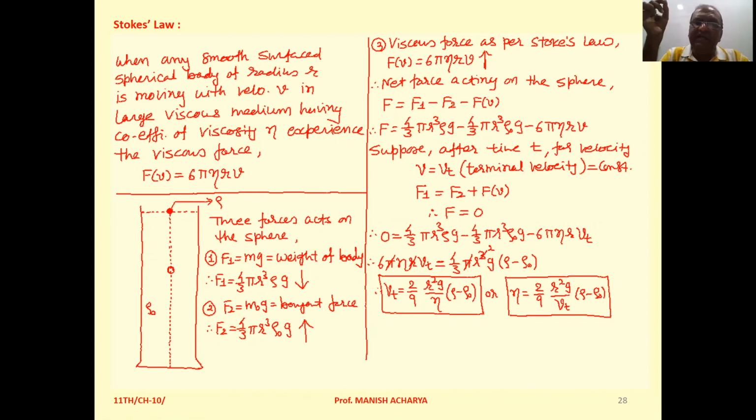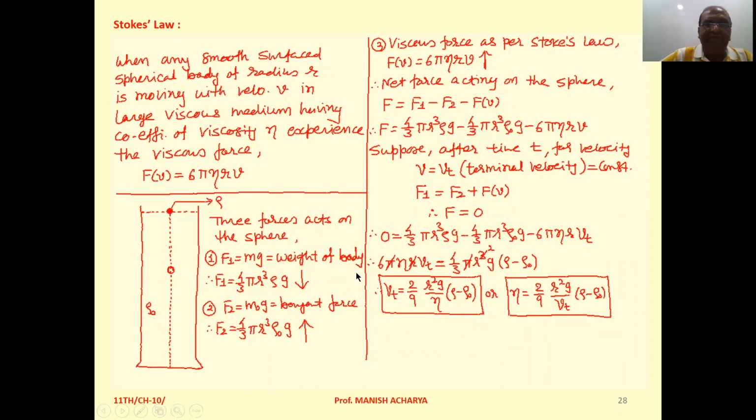When the body is freely falling in the liquid, continuously its velocity will be increasing, but only up to a certain distance covered in the liquid. After that, its velocity becomes constant. And that constant velocity with which the body continues its motion is called its terminal velocity.